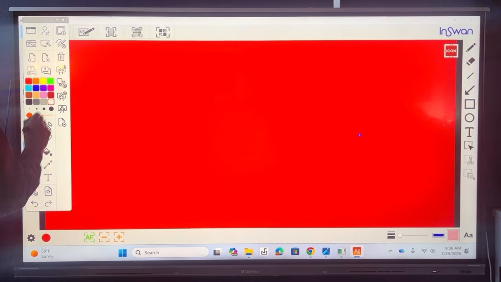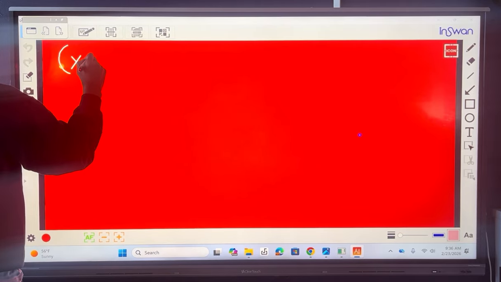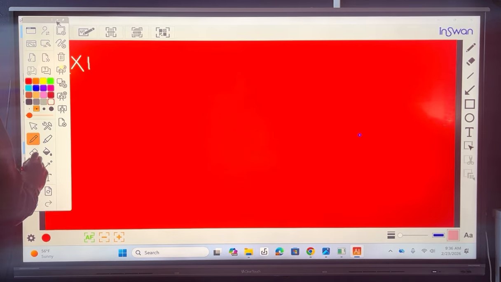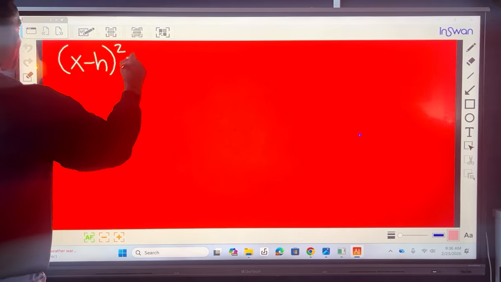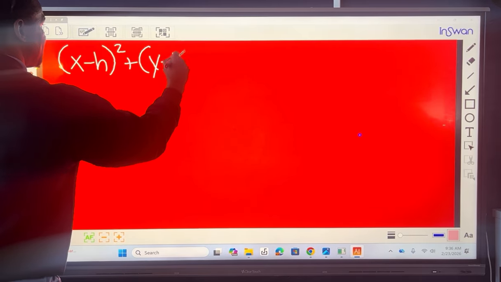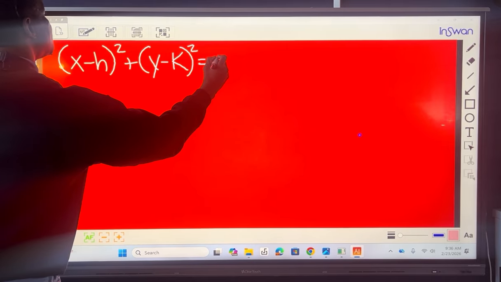Parentheses x minus h squared plus parentheses y minus k squared equals radius squared.